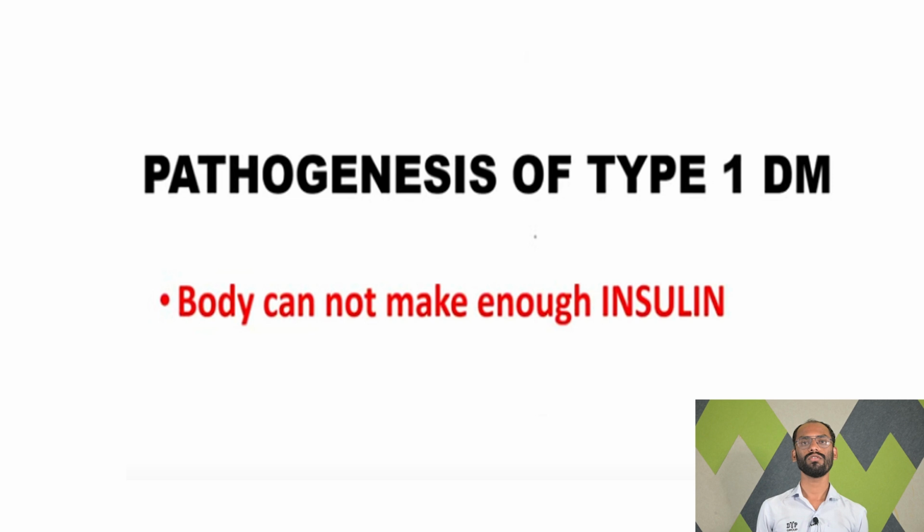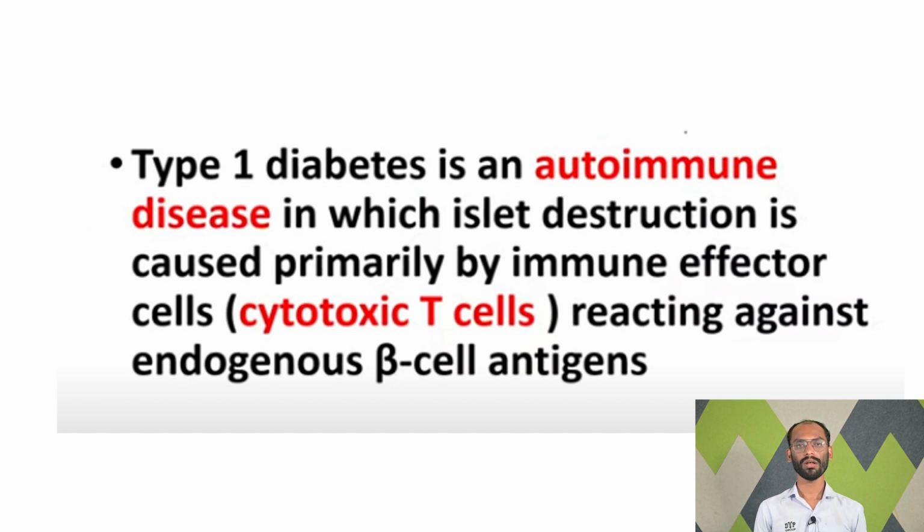Let's see the pathophysiology of type 1 diabetes, where the body cannot make enough insulin. Type 1 diabetes is an autoimmune disease in which islet destruction is caused primarily by immune effector cells or cytotoxic T cells. As we know, there are two types of T cells: helper T cells and cytotoxic T cells.